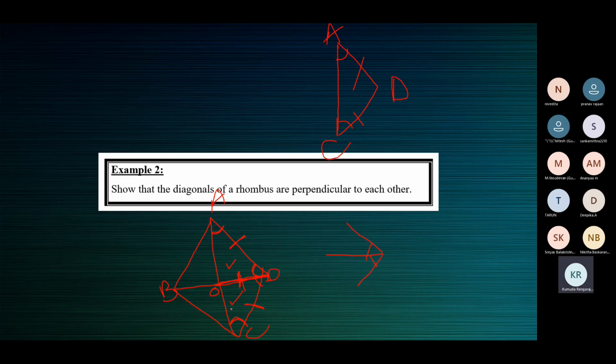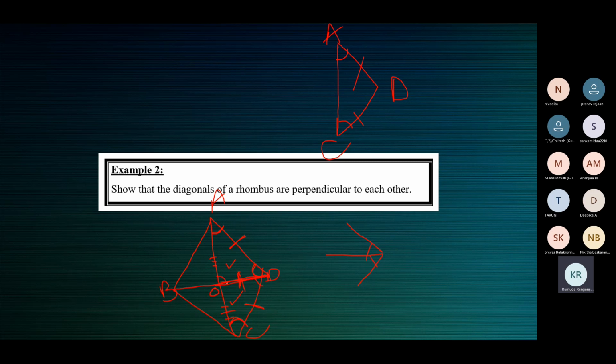That is, if AC is 20 centimeters, AO is 10 centimeters and CO is 10 centimeters. The diagonals are cut into two equal halves. They are not equal. So as Hitesh said, AO is equal to CO. So by the SSS congruence criterion, the two triangles are congruent.